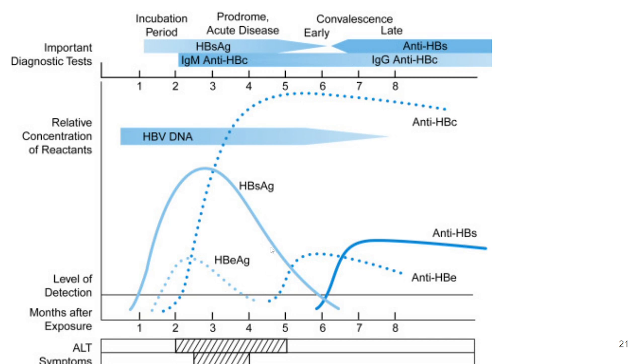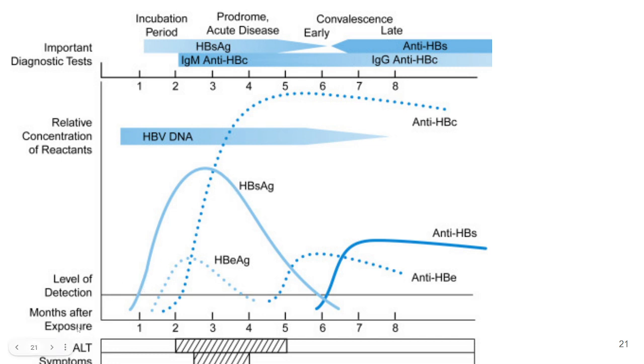It can be prolonged. Now, hepatitis B is mainly identified by its antigens, HBsAg and HBcAg, the surface and the core antigen. Surface and core antigens are the two important parameters to make the diagnosis of hepatitis B. HBsAg, the surface antigen, would be raised by about 2 to 3 weeks.